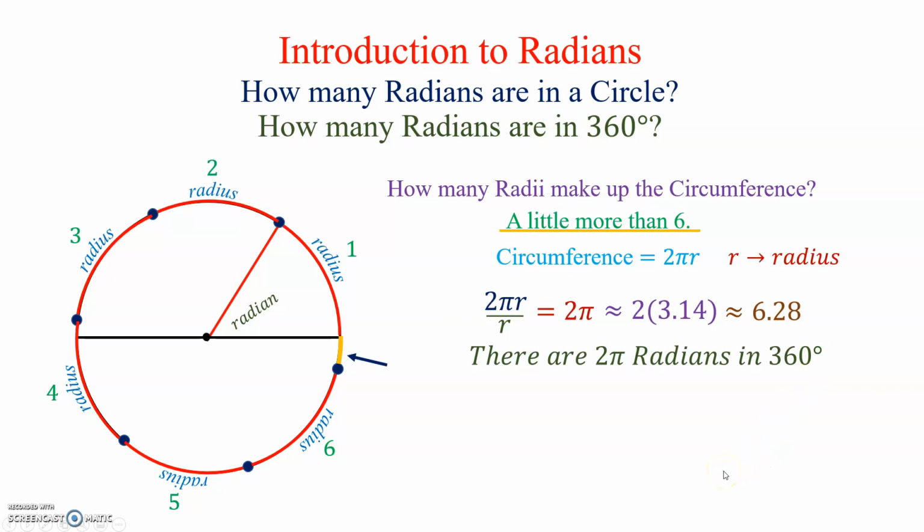Now if I took it to the next level and divided both of these numbers by 2, I would get pi. There's pi radians in 180 degrees. And that should make sense because we're taking half of 360. If half of 360 is 180, half of 2 pi is pi. And if we look at the picture, that's a little bit more than 3 radii to make up half the circle, 180 degrees.